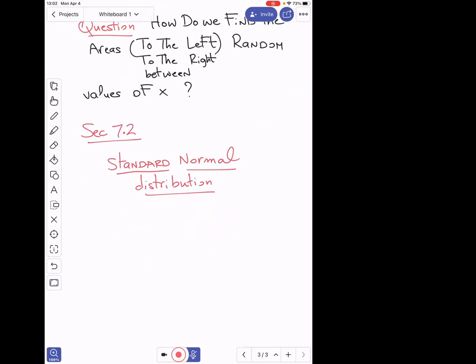So a standard normal distribution, of course, is a normal distribution. So again, we have the same graph with the same numbers, same areas, between the mean and mean plus sigma, and mean plus or minus sigma, etc. So the standard normal distribution is a normal distribution.